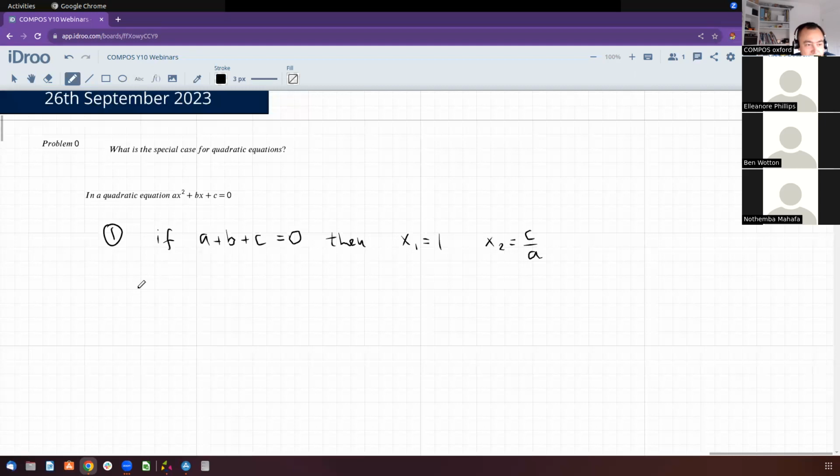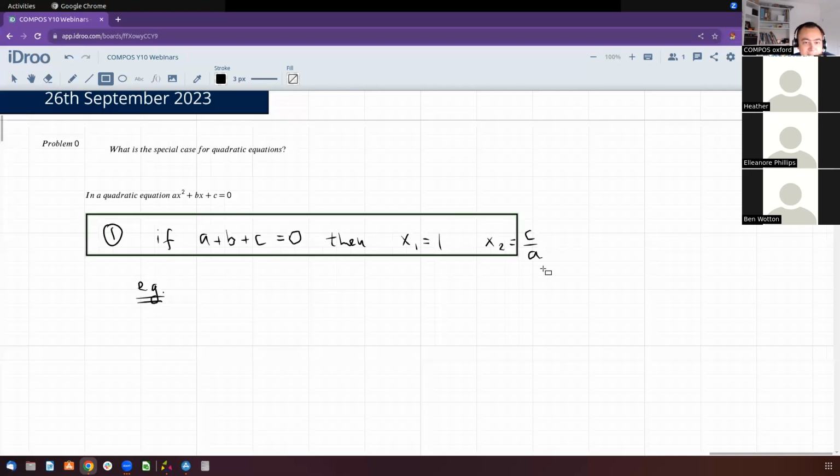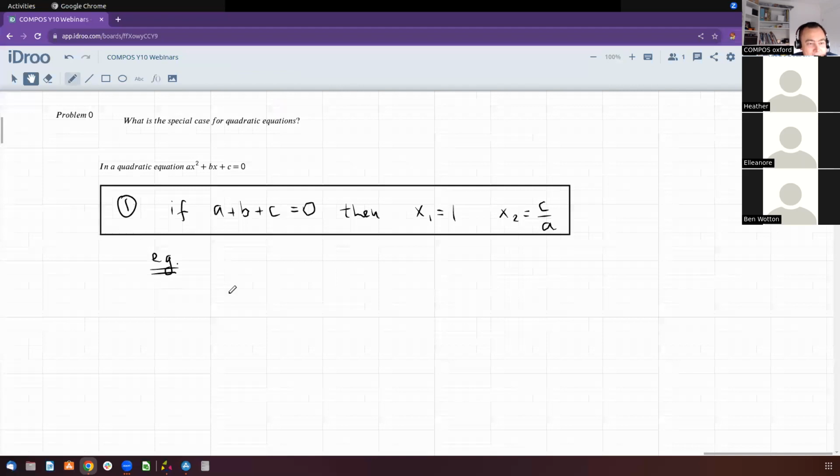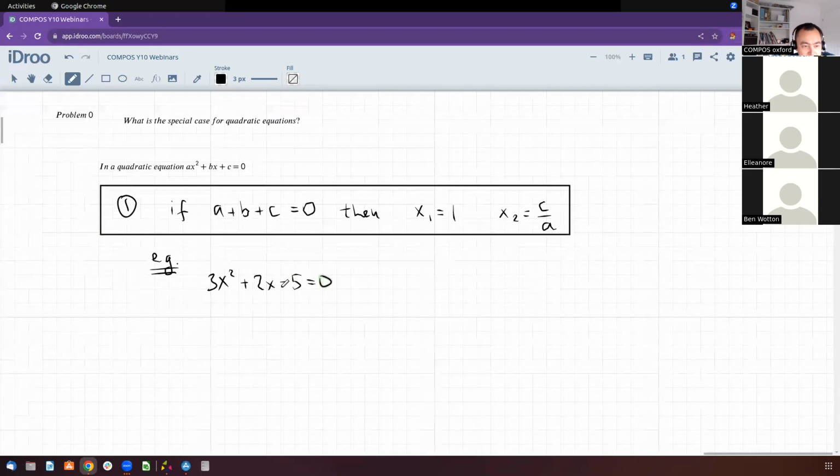Example. This is the first special case. For example, let's take 3x squared plus 2x minus 5 equals 0.